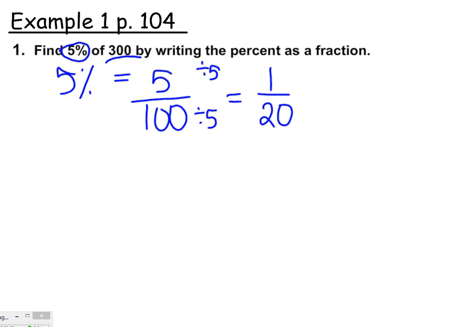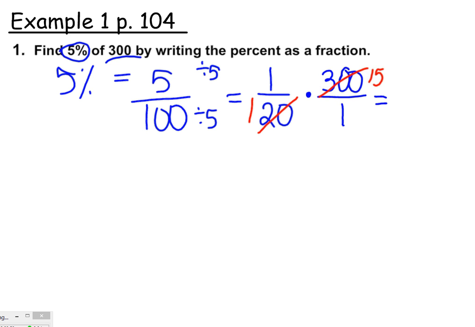So 1 over 20 times 300, and you can rewrite 300 as 300 over 1. Now, in order to make this easier, let's take out some of our common factors. I know 20 can go into both 20 and 300. 20 can go into 20 one time. 20 can go into 300 15 times.